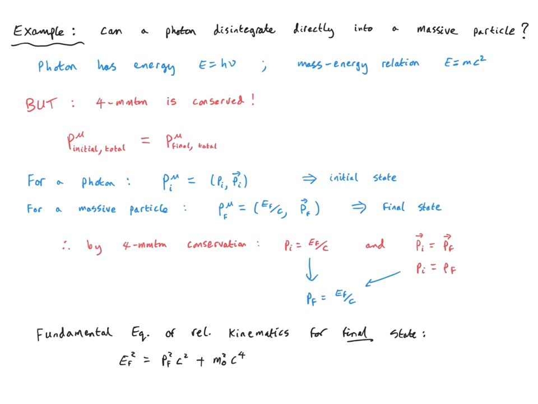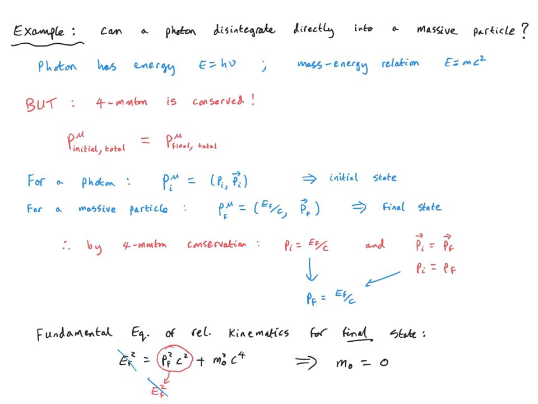But since we've just shown that pf is equal to Ef over c, we can substitute that in here, and we find that this first term is also equal to Ef squared. These two terms on the left and the right cancel, and this tells us that overall, the m naught, the rest mass of the products, must be equal to 0.